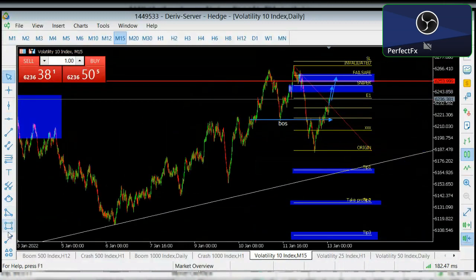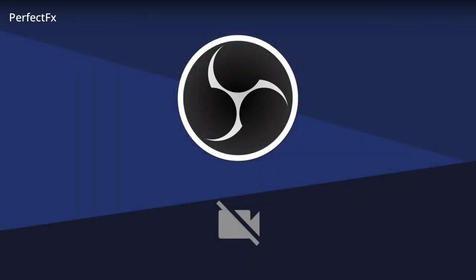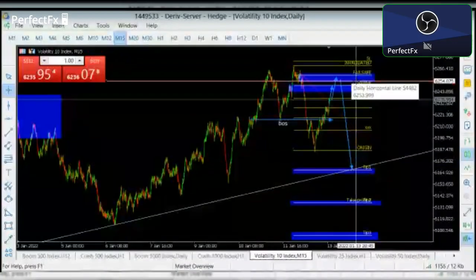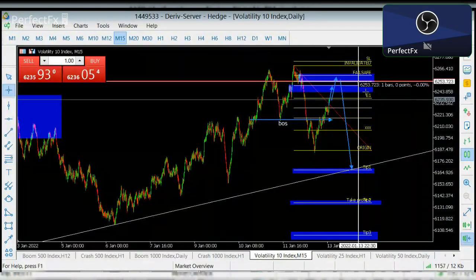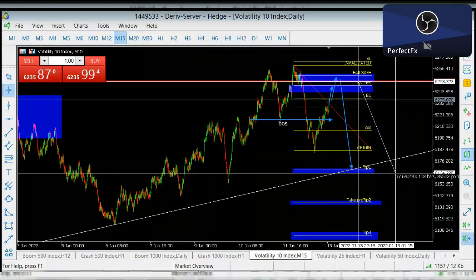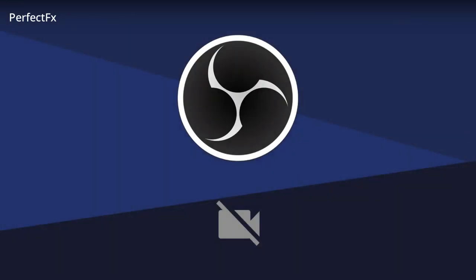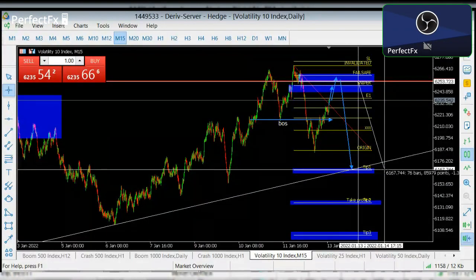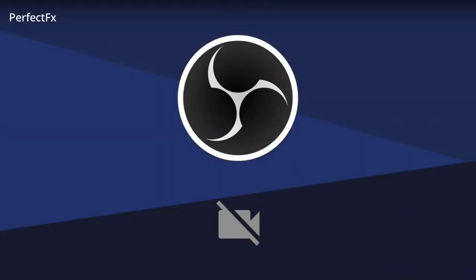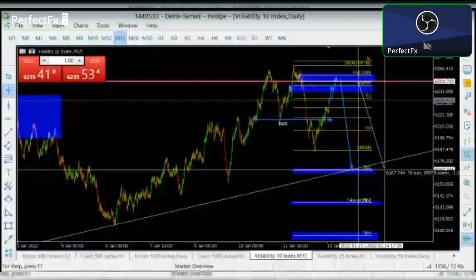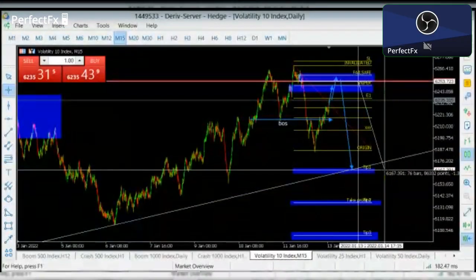So guys, once I see reactions at this point, I will want to scale into the market to this downside, and that will be me risking 15 pips to make about 50 pips from the fail safe level, and risking 25 pips to make about 50 pips from the sniper level.